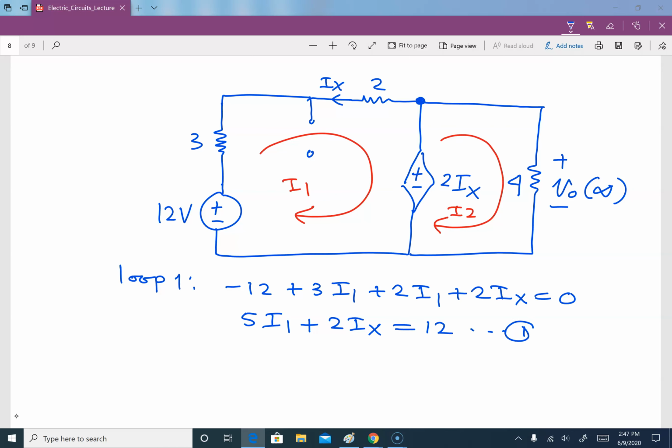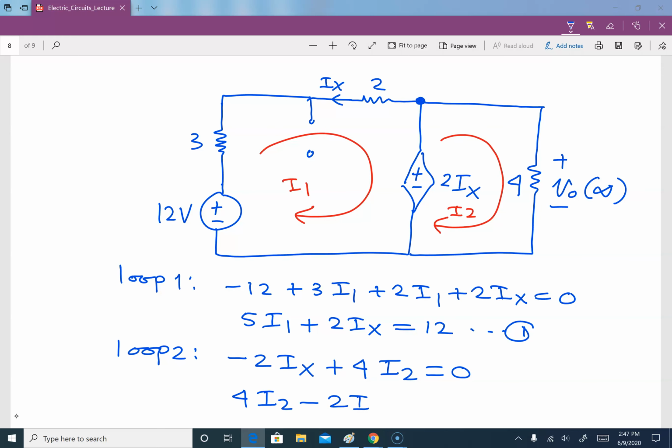So 5I1 plus 2Ix is equal to 12. Now loop 2. For loop 2, that is minus 2Ix plus 4I2 is equal to 0. So that will be 4I2 minus 2Ix is equal to 0. And this is our second equation.